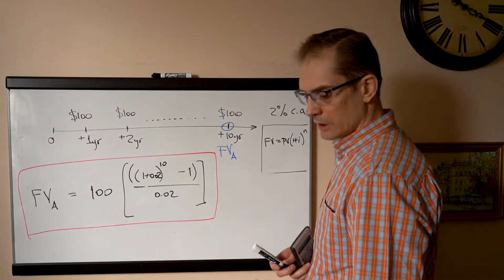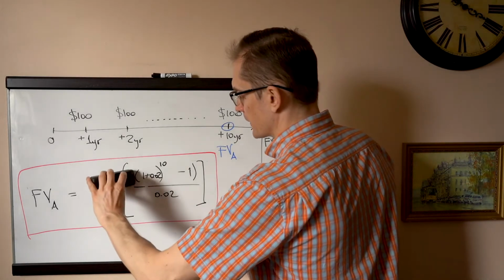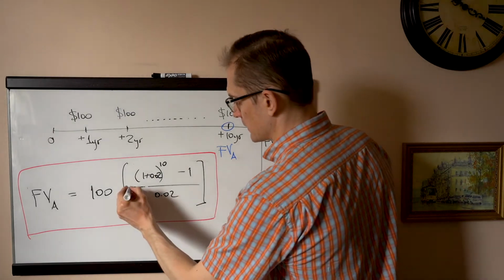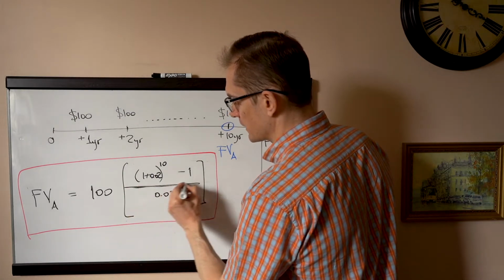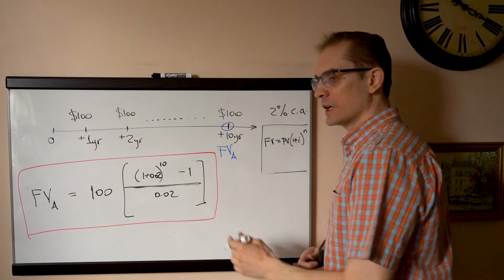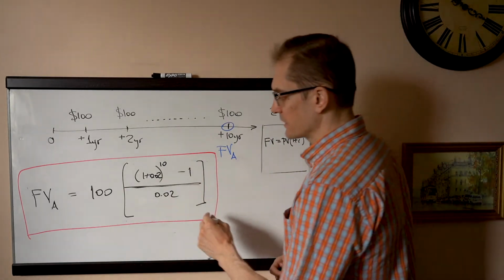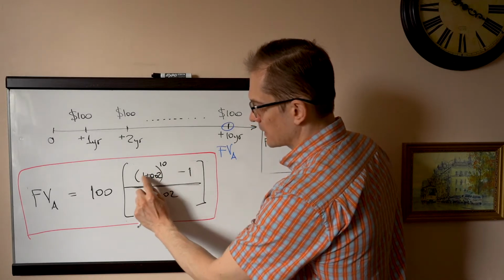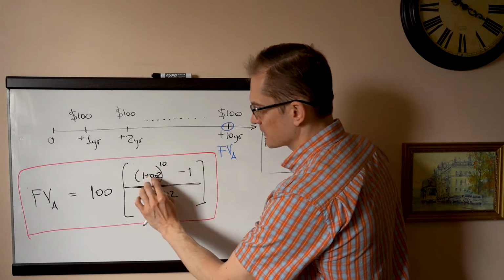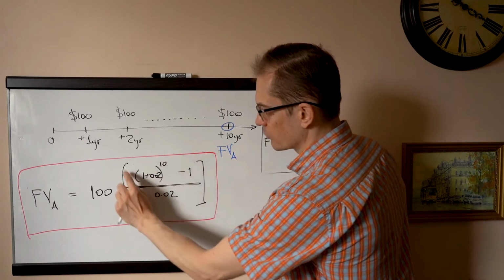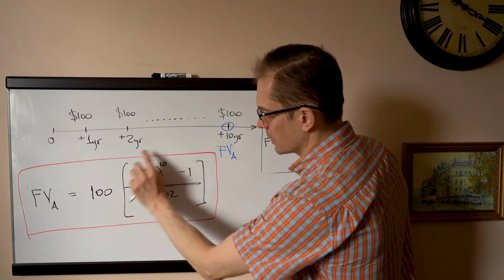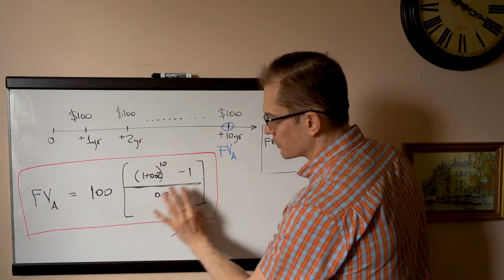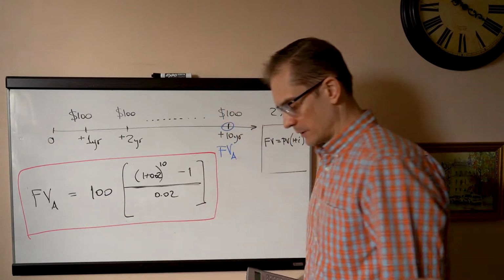But these brackets are not written because the convention is that once you have a fraction like this, you assume there are brackets there. So why am I saying that? Because once you find this bracket, which is 1.02, take it to the exponent 10, next you have to subtract this 1. That will complete the calculation of the numerator. Then you will divide that numerator by the denominator. After you calculate that, you will multiply by 100.